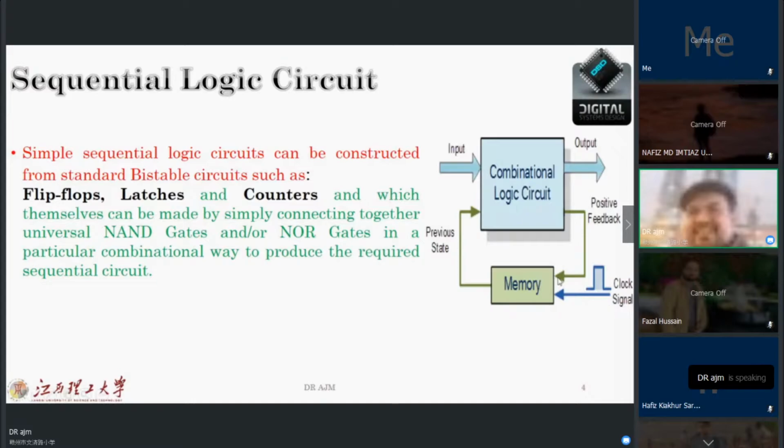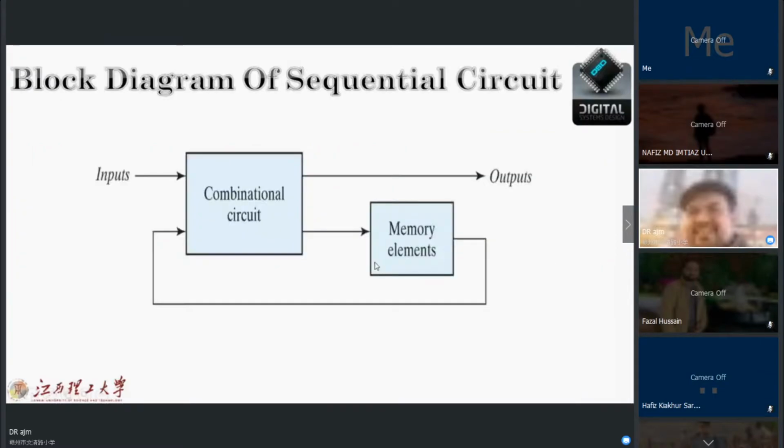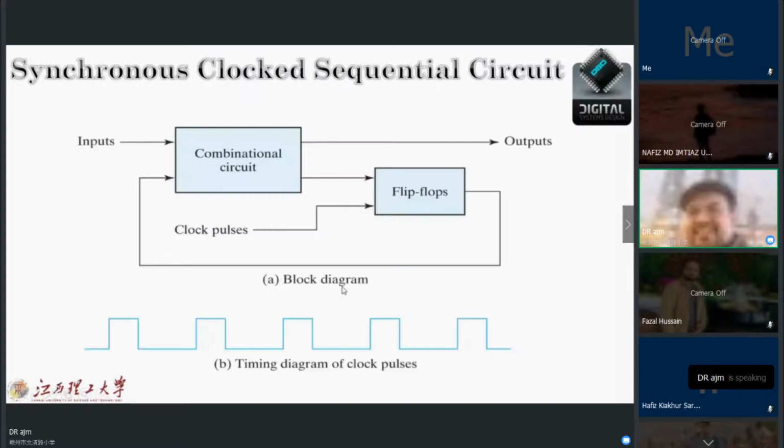Again, here I show we have one source of clock, as you can see, which enters the memory. And from this memory, we have feedback from our inputs and outputs. It shows again the block diagram of our sequential circuits and the timing diagram, with the clock here.